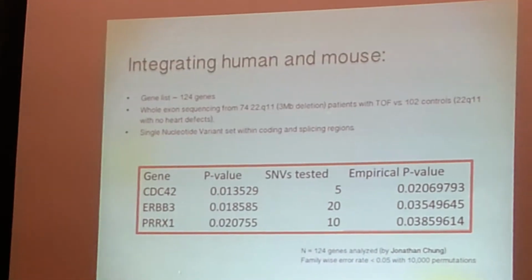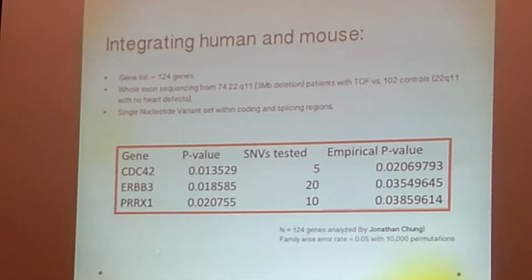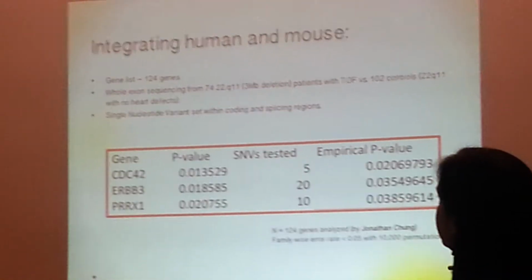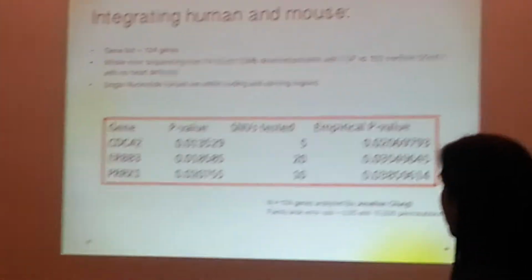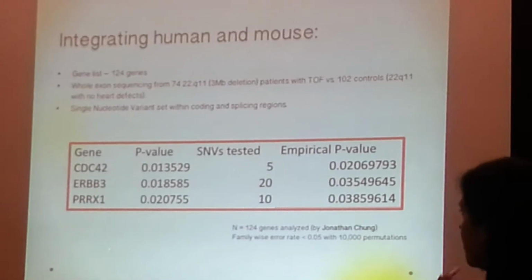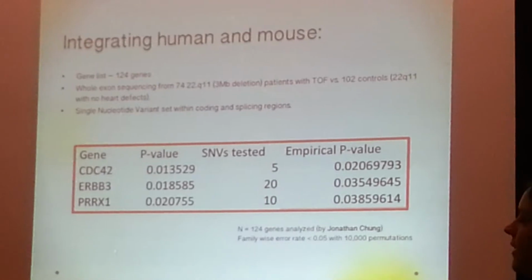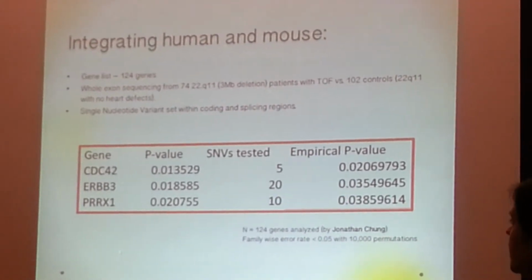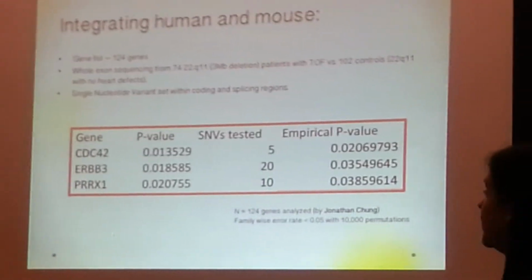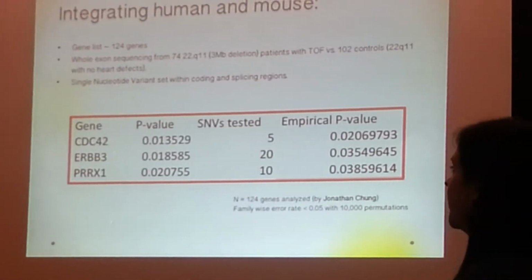When I say that we try to integrate human and mouse, we also do it from the genetic point of view, not only the cardiac diagnosis that we get from the patients. One of the students in the lab, Jonathan Chang, took my list of 120 genes, added some others, and went through the data that we have: whole exome sequencing from patients with a deletion and congenital heart disease, versus controls that have the deletion but no heart defects.